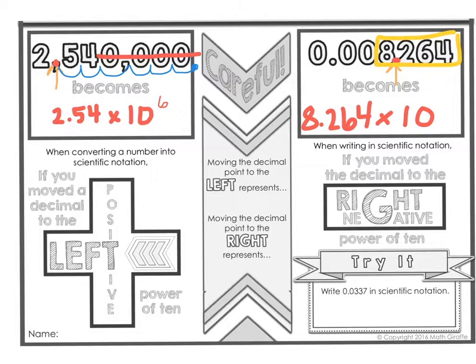Now we count how many times we moved the decimal. It started here and we moved it 1, 2, 3 positions, and we moved it to the right. So it becomes -3. So our positive exponent was a huge number, and our negative exponent is a tiny number.